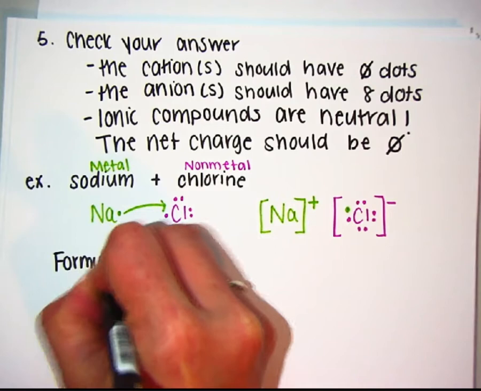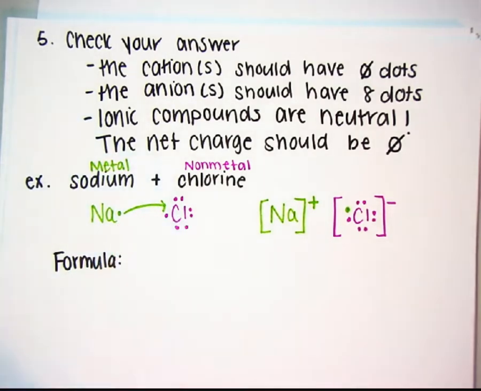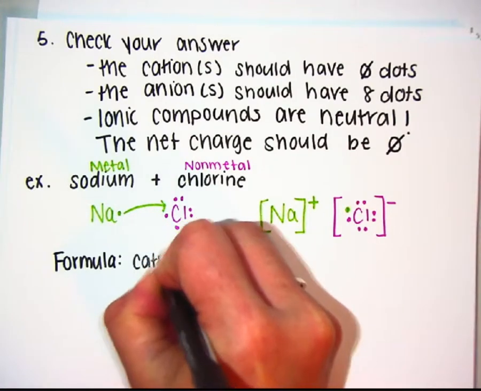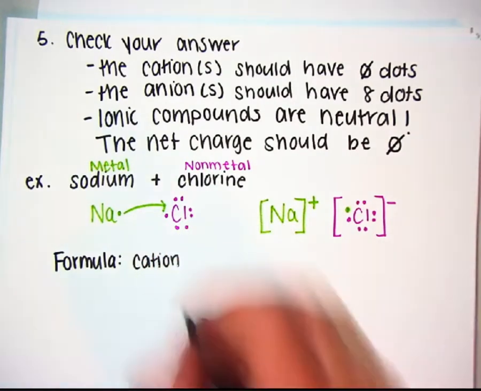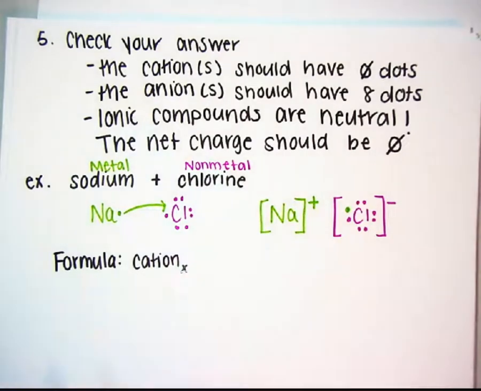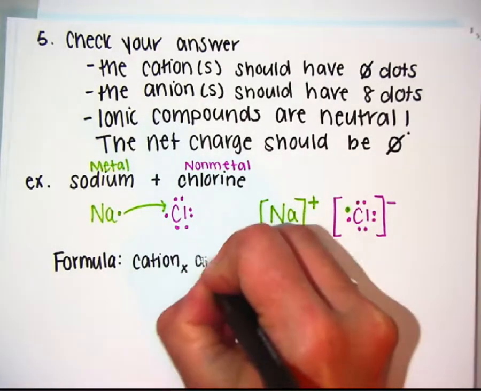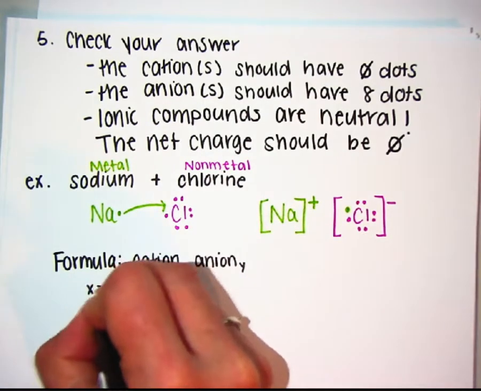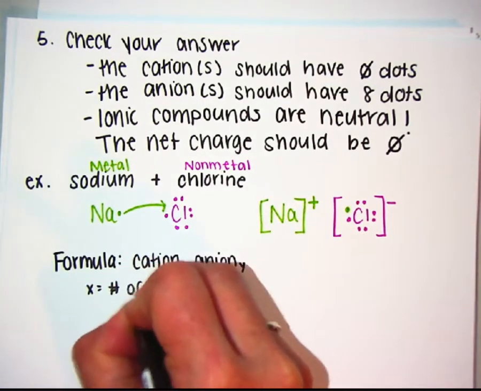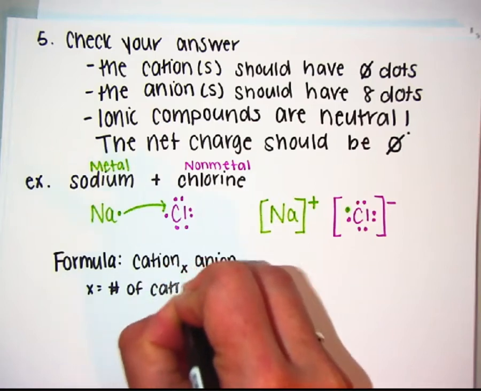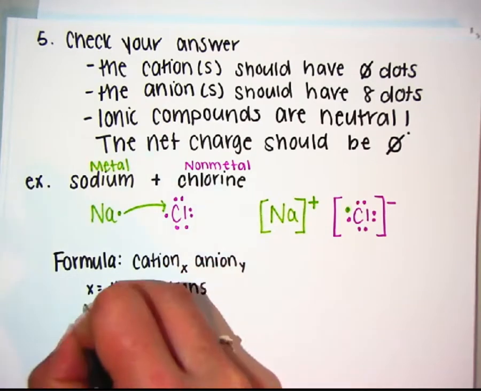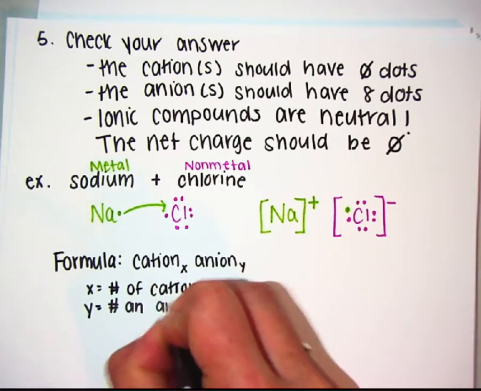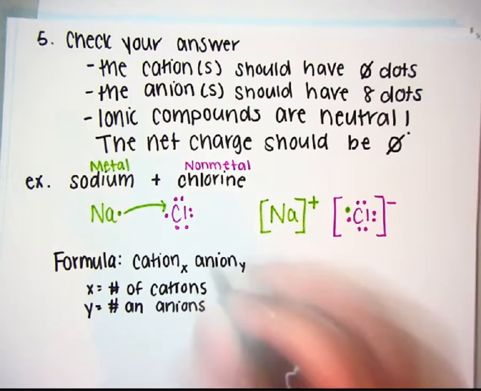Lastly, you should be able to write the formula of your ionic compound. And the way we are going to do that is by writing the cation with the subscript X, anion subscript Y. X is going to be equal to the number of cations, Y will be equal to the number of anions.